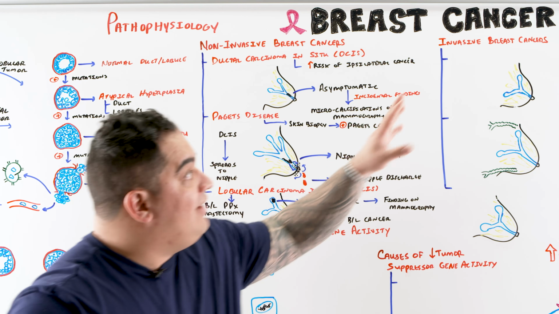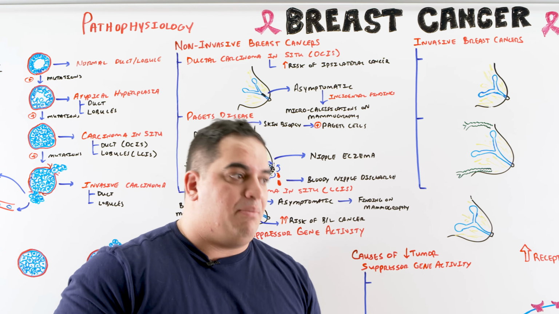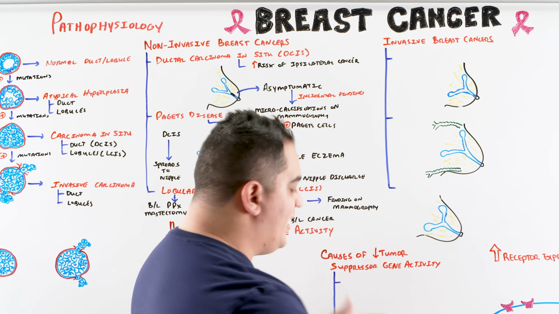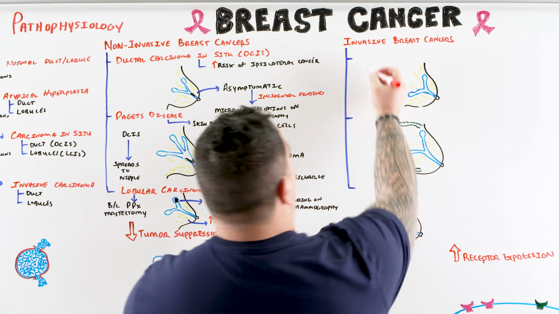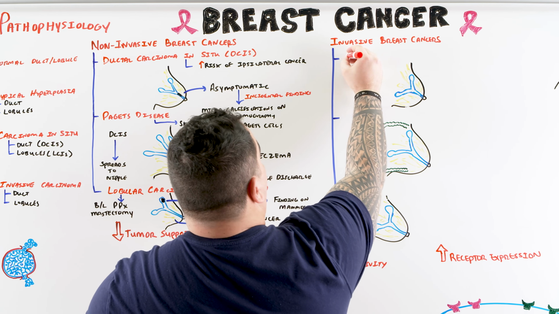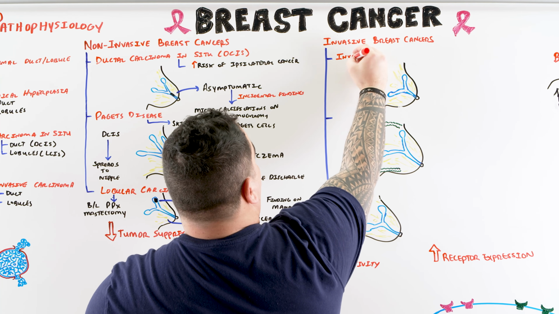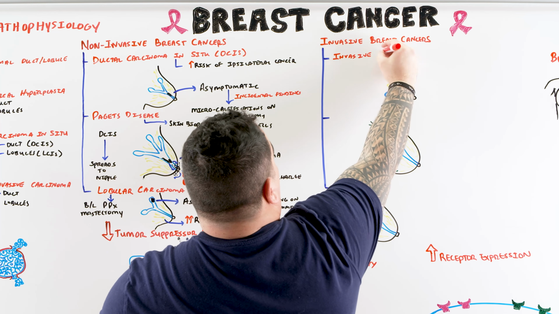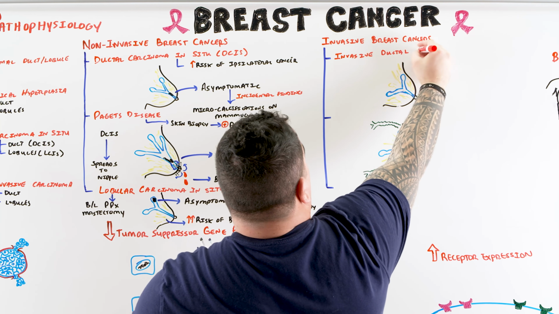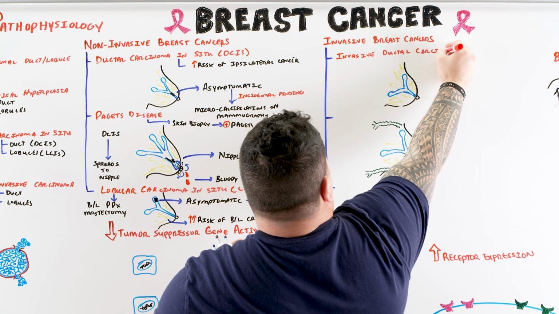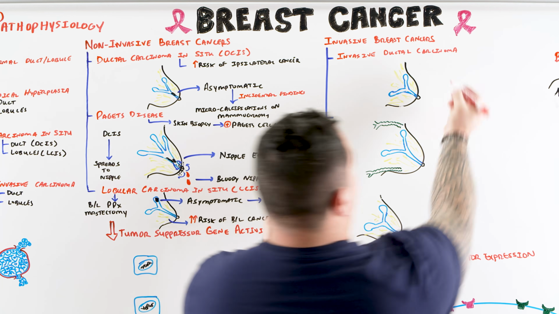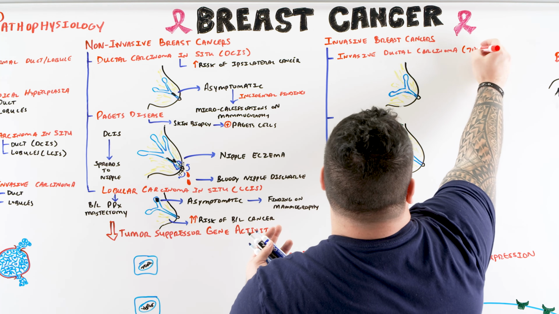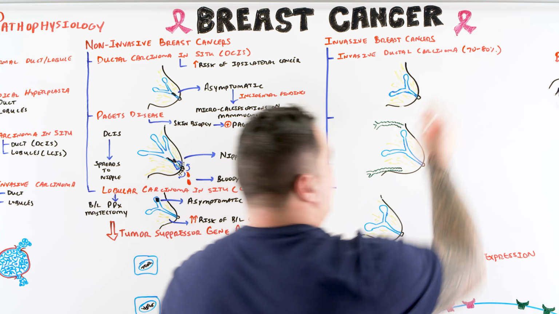Now, invasive breast cancer is the next big thing that we have to talk about. With invasive breast cancer, there are really two types, and we talked about them a little bit over here. You have what's called invasive ductal carcinoma, and I'll write both of these. When I talk about breast cancer, most of the time, probably 70 to 80% of cases, is this.